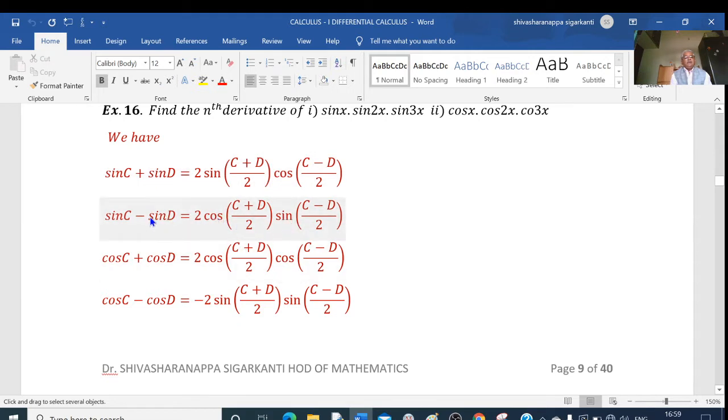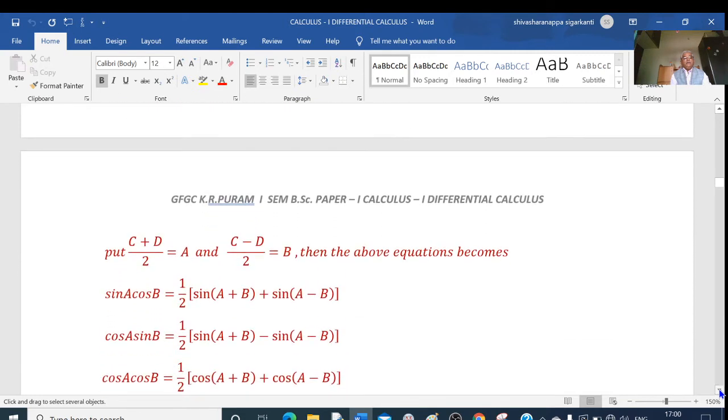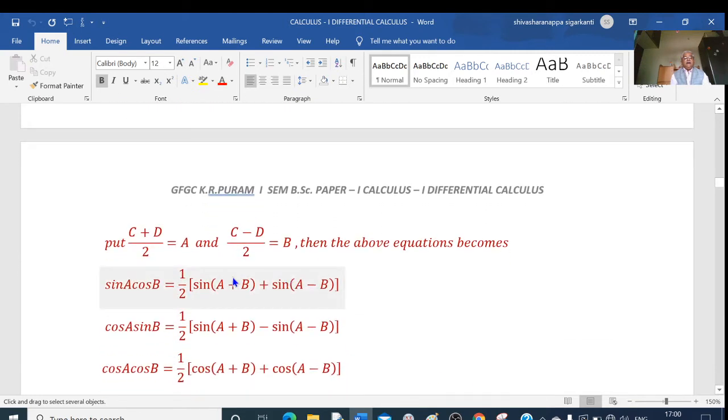Cos sine can be written as sine minus sine. Cos cos can be written as cos plus cos. Minus of sine sine can be written as cos minus cos. So taking (C plus D)/2 equal to A, (C minus D)/2 equal to B.